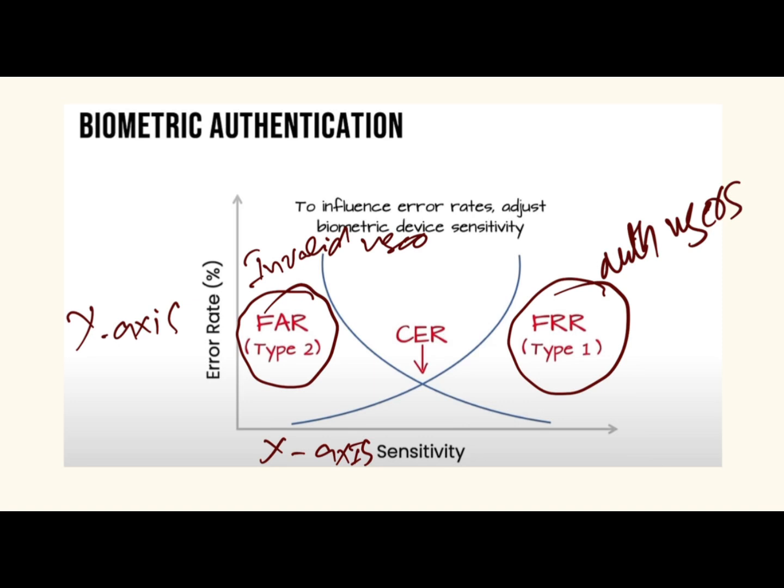Okay, so in this diagram, what we are trying to understand is that higher sensitivity causes more false rejections. This line shows higher sensitivity, right?